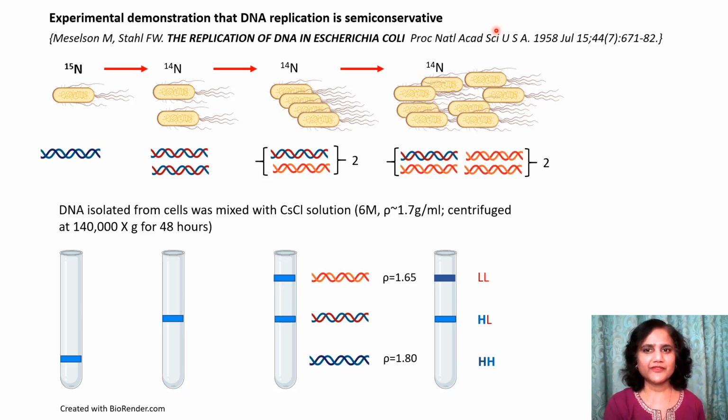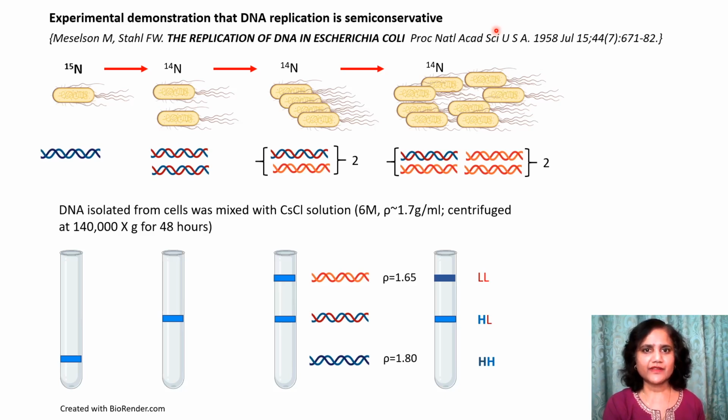This experiment made very clear predictions about the results that would support the semi-conservative mode of replication versus the conservative or dispersive modes of replication. So in the semi-conservative mode of replication, the strands separate and each parental strand templates the synthesis of one full new DNA strand. So there is still one parental strand in each daughter molecule.